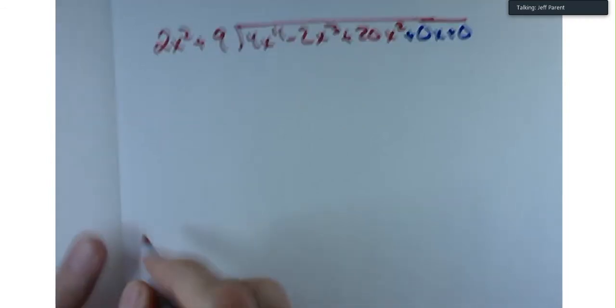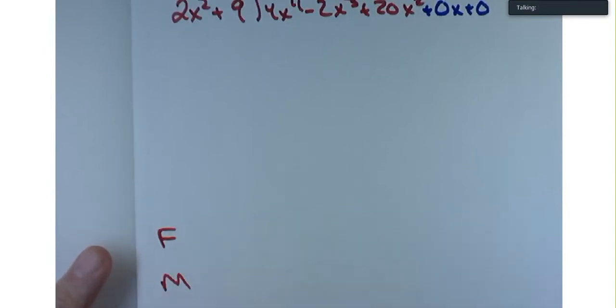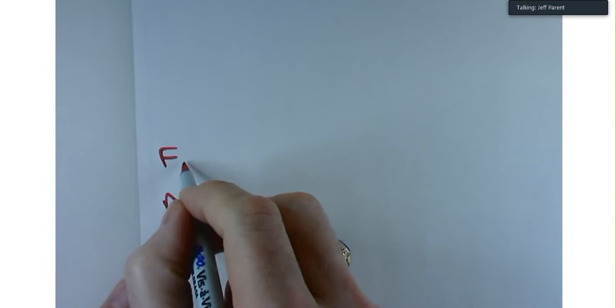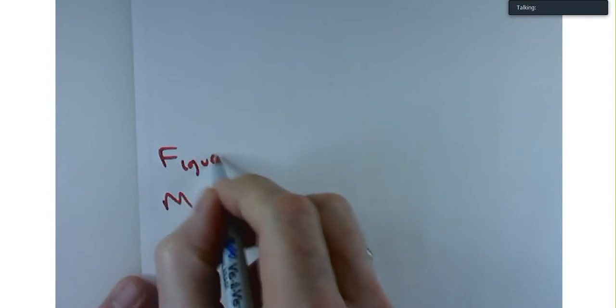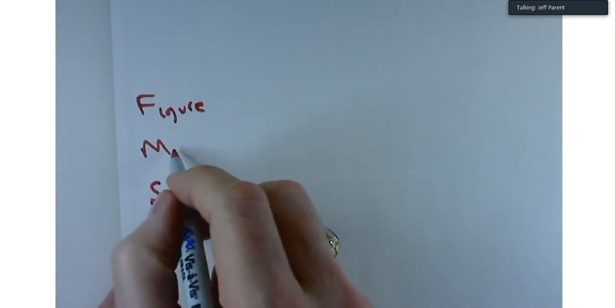In fact, I kind of regard it like this. So the mnemonic is father, mother, sister, brother. But the father step is to figure. You're going to figure out what you're going to multiply by. The mother step is to actually do the multiply.